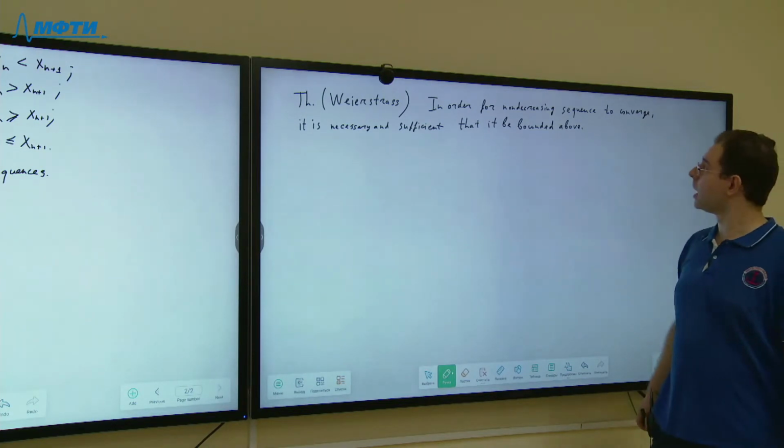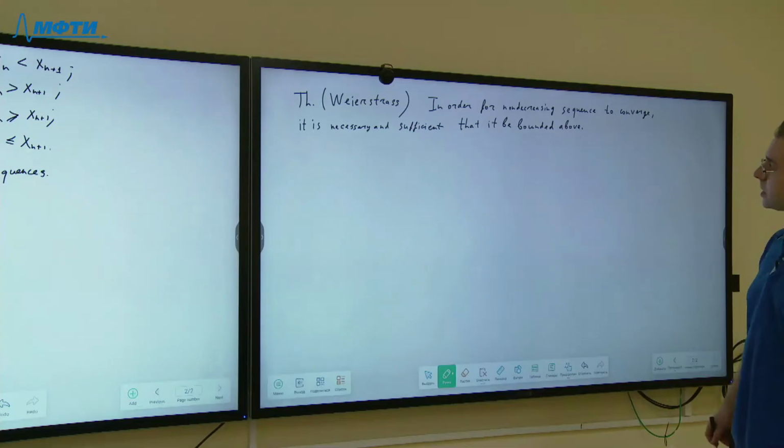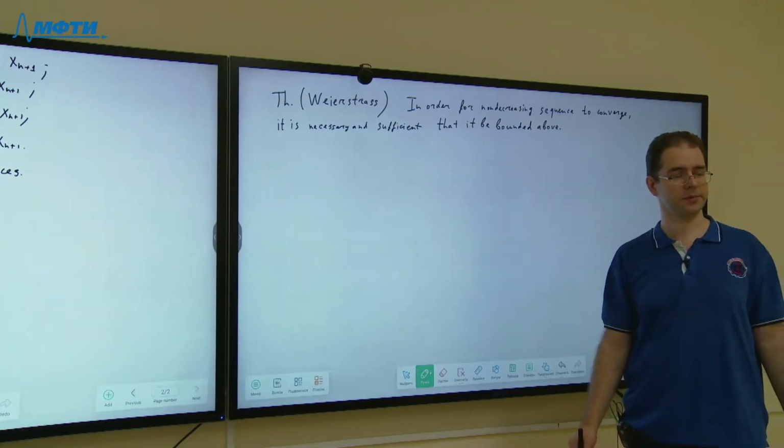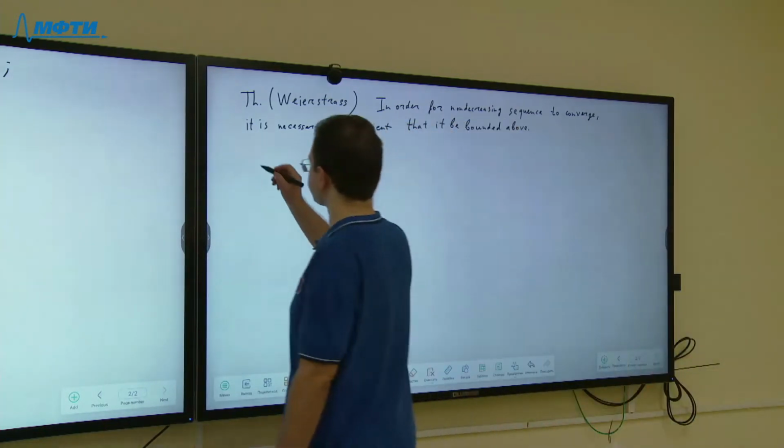So, a non-decreasing sequence converges if and only if it is bounded above. Let's prove it.